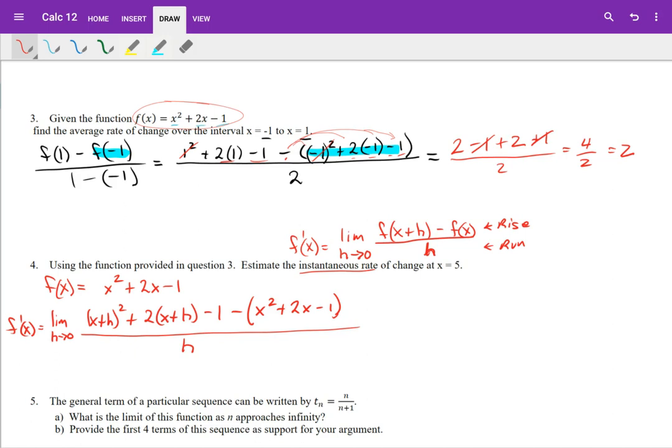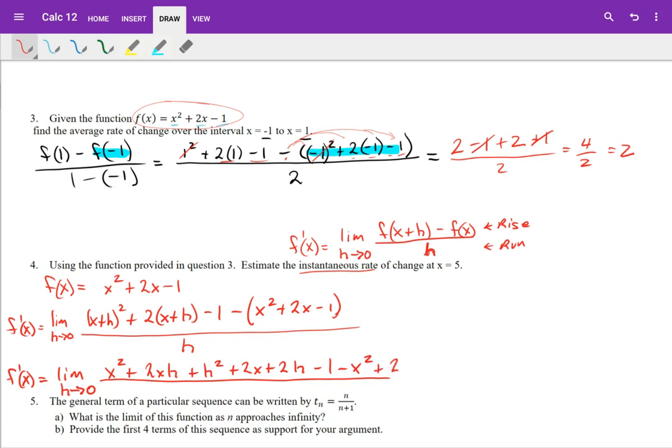But that's okay. We'll be able to get that figured out here. So my derivative is still the limit as h approaches 0 of x squared plus 2xh plus h squared plus 2x plus 2h minus 1 minus x squared minus 2x plus 1.